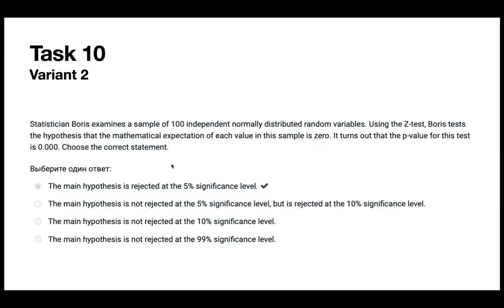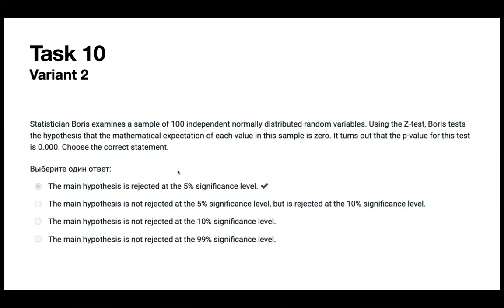Yes, so we got the same task in the second variant here. And here we don't even need to calculate anything because it's written here that it turns out that the p-value for this test is 0.